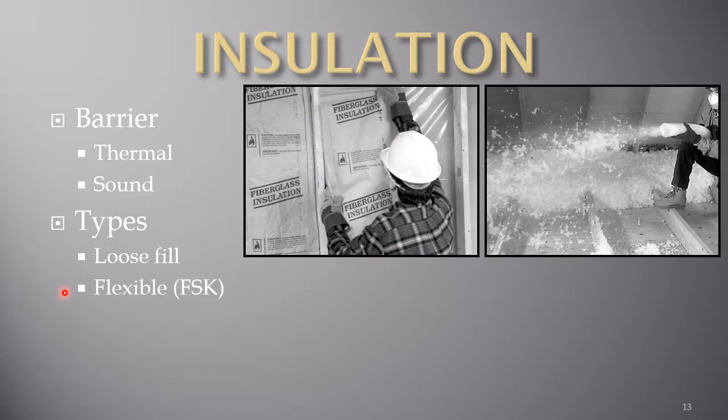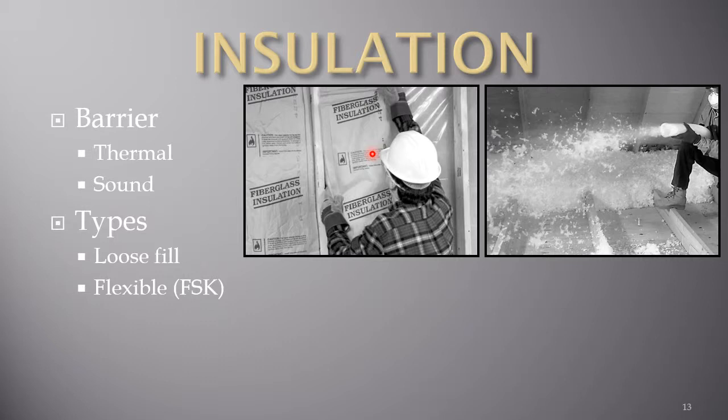The different types of insulation might be loose fill, flexible, similar to the fiberglass batts or blankets that you might see between the studs in your wall or between the joists in your attic. FSK stands for foil scrim kraft, which is how these are constructed. Kraft stands for kraft paper, basically the brown paper that you would often see in grocery bags.